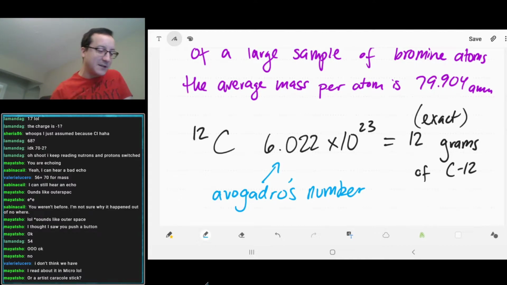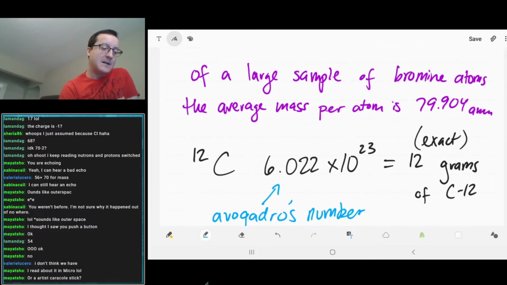Forget it. Nobody wants to do that. Because this atomic mass quantity is the average mass for an entire large sample, and of course 6 times 10 to the 23rd is a huge sample of atoms, right?